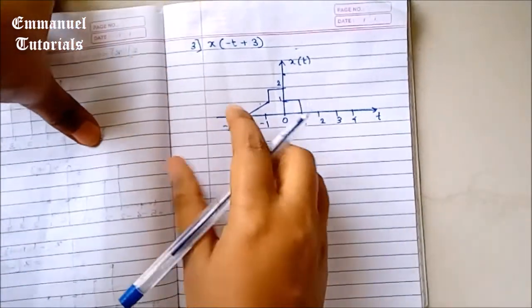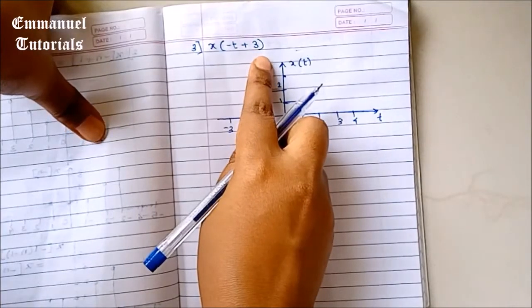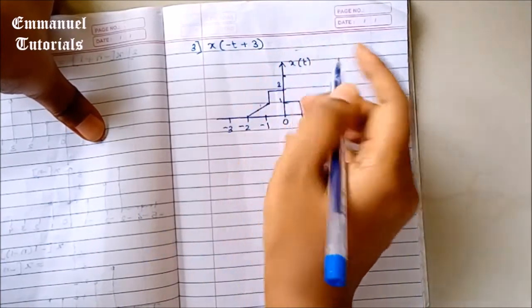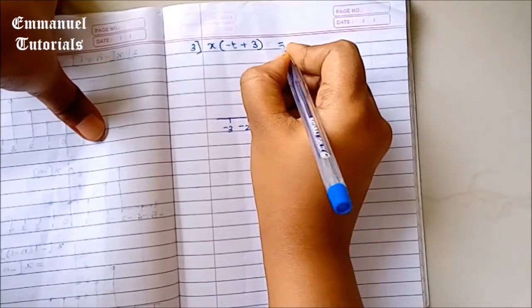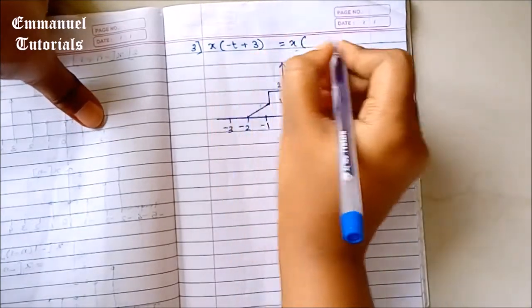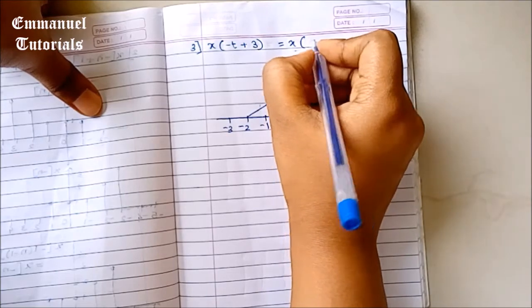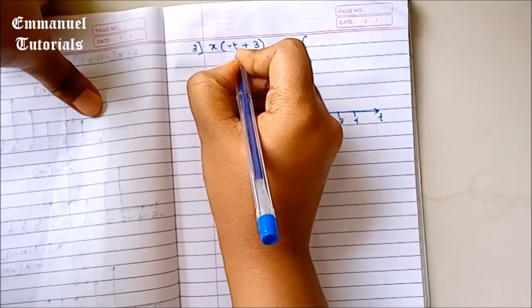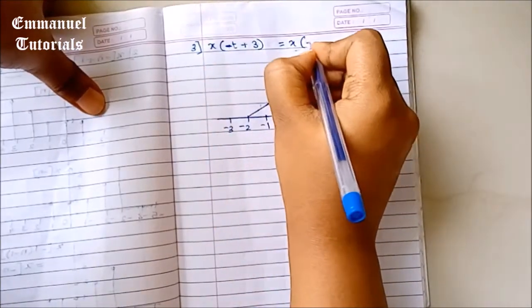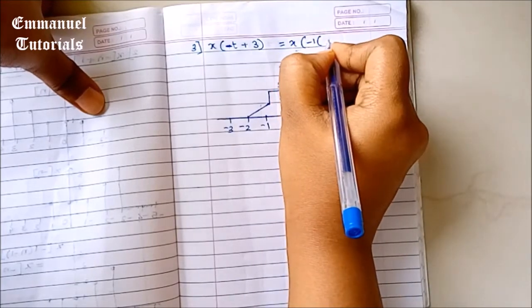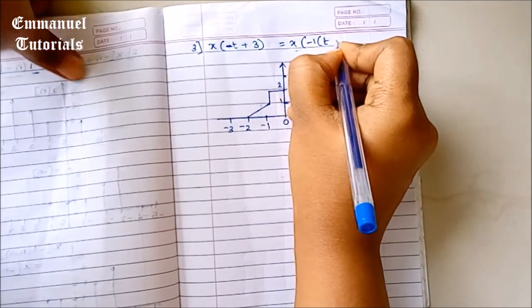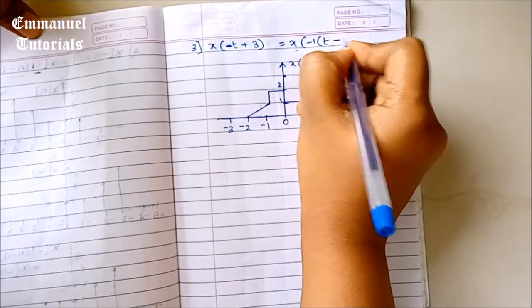Now we have to perform this operation, that is x of minus t plus 3. Now the same thing as we did in the previous example, we'll have to take the coefficient of t outside. So here it's again minus 1. So we take minus 1 outside, it will be t minus 3.